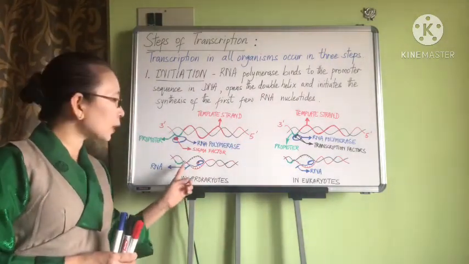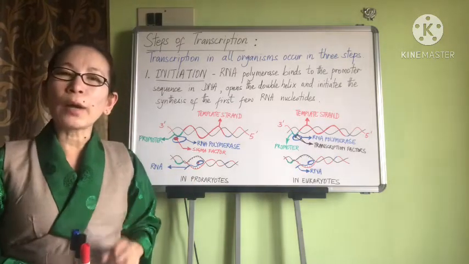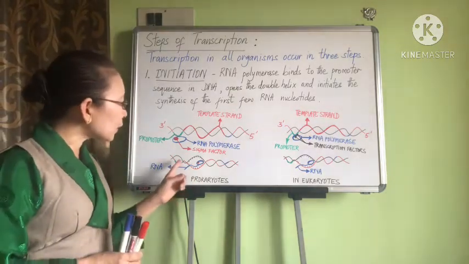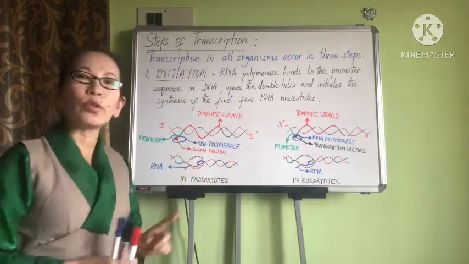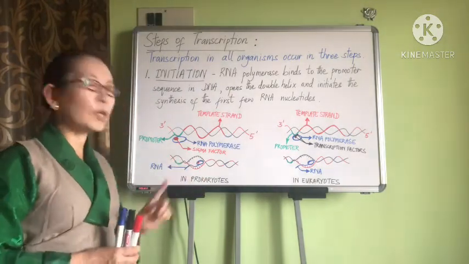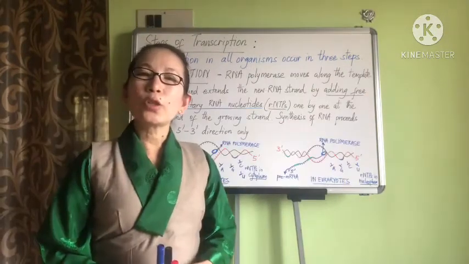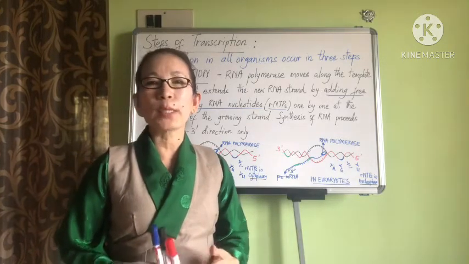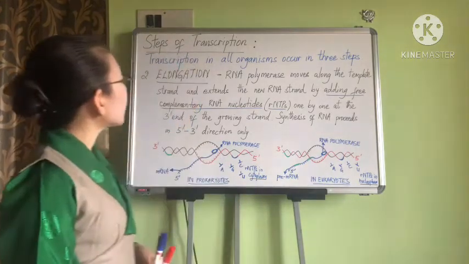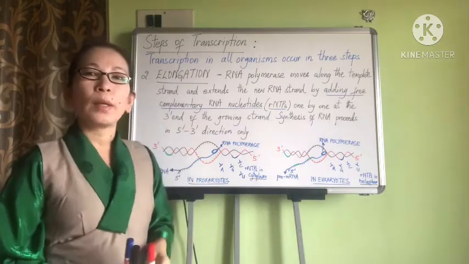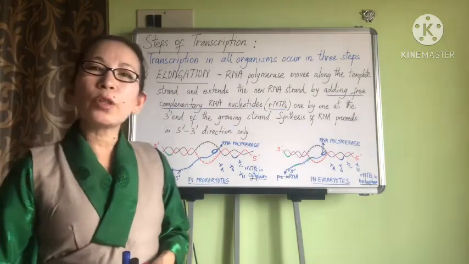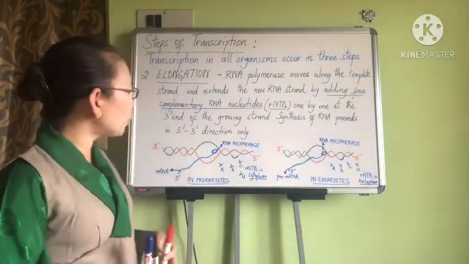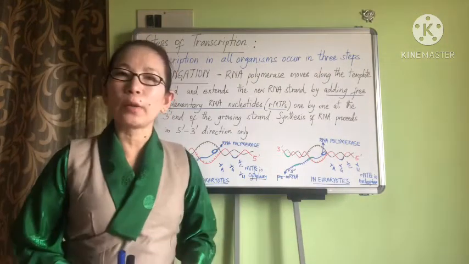It synthesizes the first few RNA nucleotides by reading the template in the 3' to 5' direction from the starting point. Initiation of the new RNA strand synthesis is followed by the next step, which is elongation. The basic mechanism of elongation remains conserved in both prokaryotes and eukaryotes.